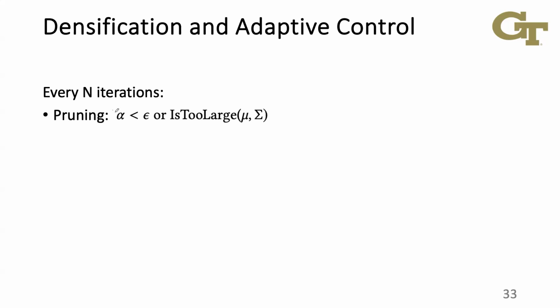One of them is that if our transparency is smaller than some epsilon, so if it's almost completely transparent, then we just take it out, it doesn't contribute, and it's just a weird floating blob. Or if the Gaussian is just too big, and it's probably not meaningful, then we just take it out because it's probably not the right Gaussian that we would like to have.